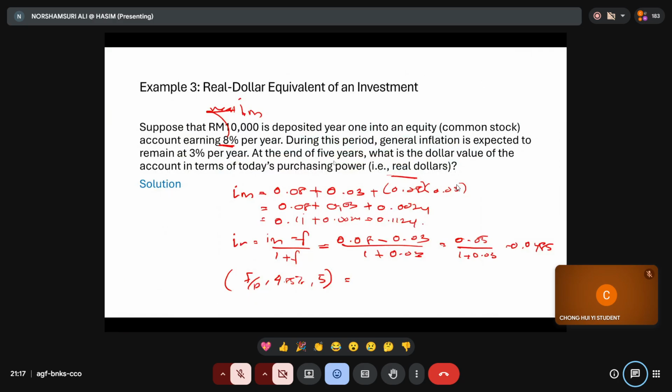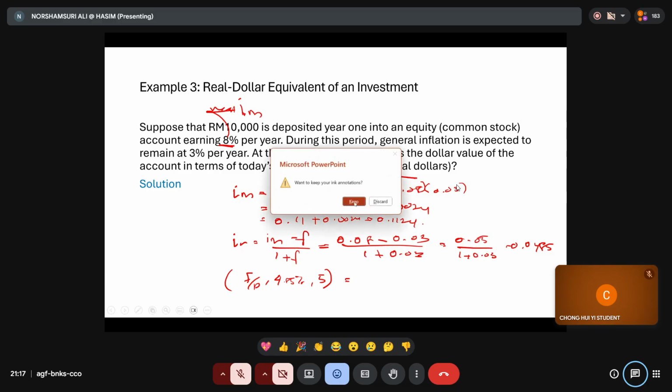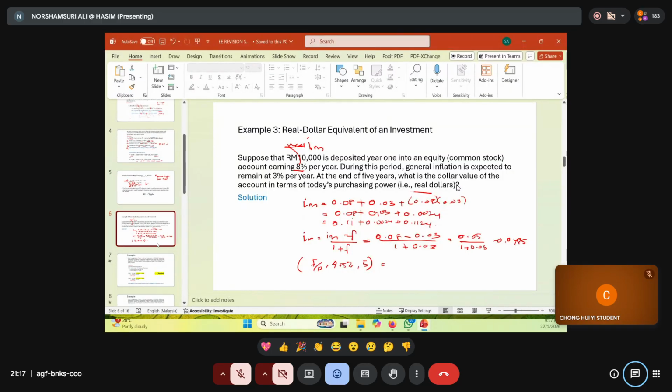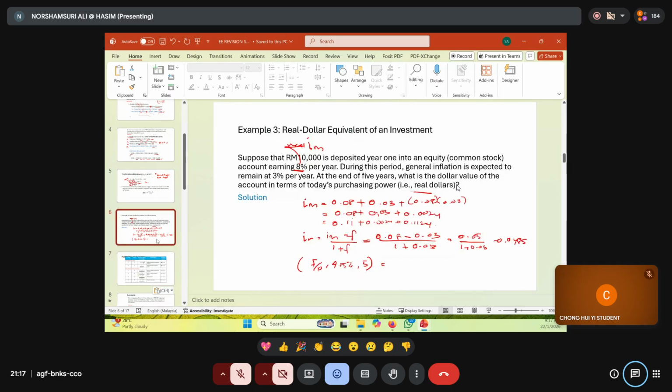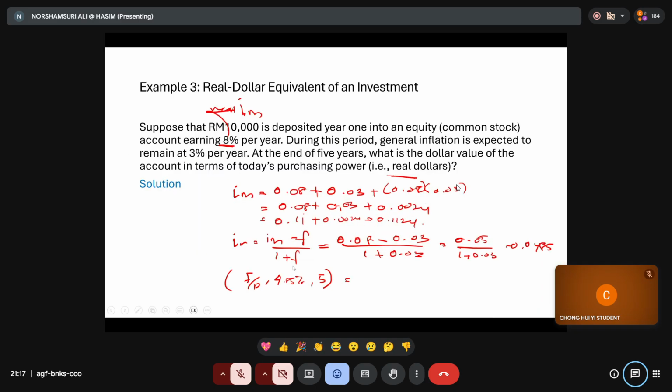Hold on. Let me put this one first. So here is the formula from just now.